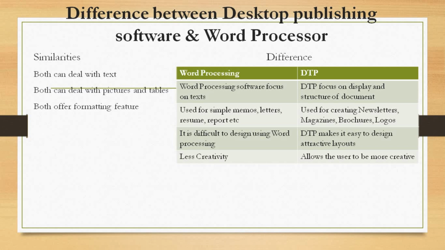Word processing is used for creating simple memos, letters, resumes and reports, and DTP software can be used for creating newsletters, magazines, brochures and logos. In word processing it is difficult to design, whereas DTP makes it easy to design attractive layouts. Word processing allows less creativity, whereas DTP allows the user to be more creative.